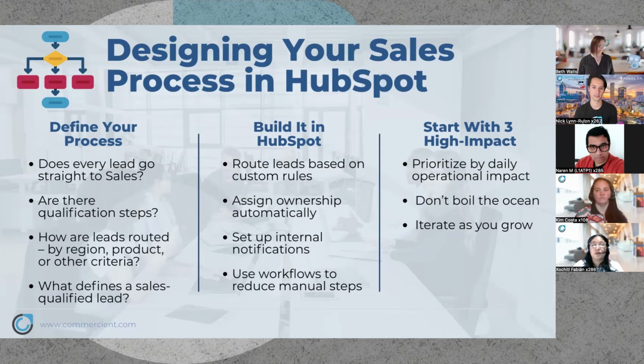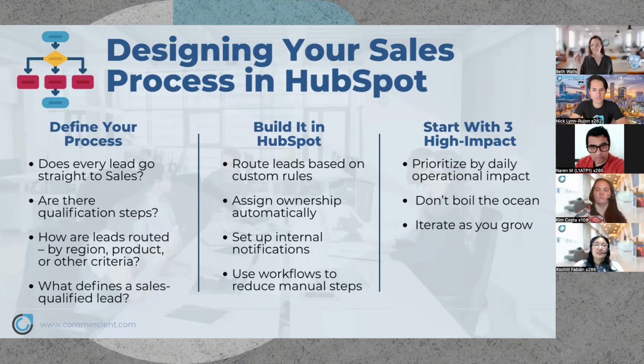Are leads going to be broken out regionally or by product? How does routing work? When is a lead qualified for the sales team? And when it is qualified, who should receive that lead? And how should they get that lead, and so on? So you can see that while this is an easy topic, there could be quite a few variations of this from one company to another.